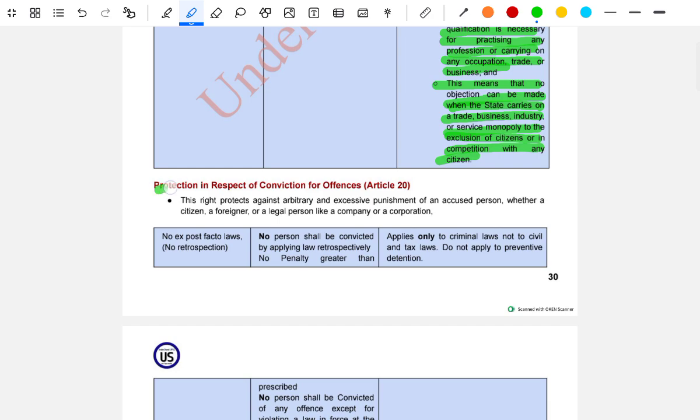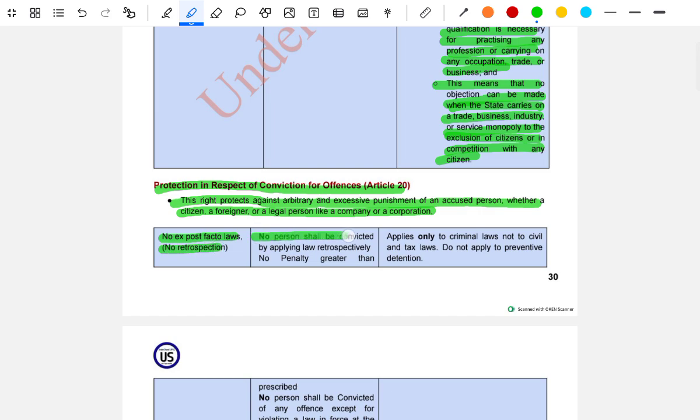Protection in respect of conviction for offenses, Article 20. This right protects against arbitrary and excessive punishment of any accused person, whether a citizen, a foreigner or a legal person like a company or a corporation. No ex post facto laws, no retrospection.